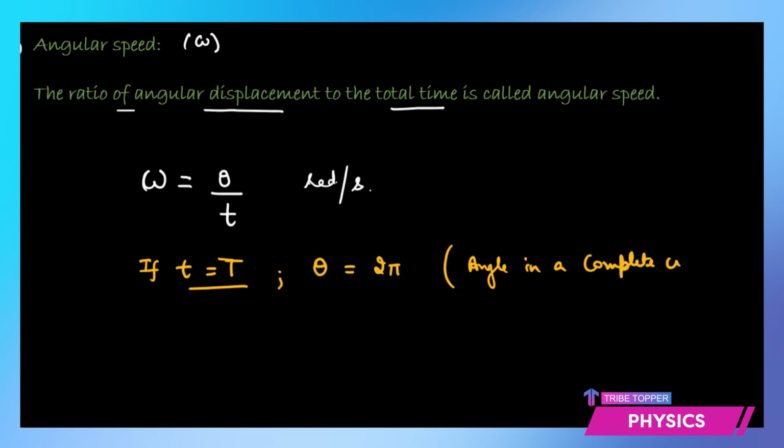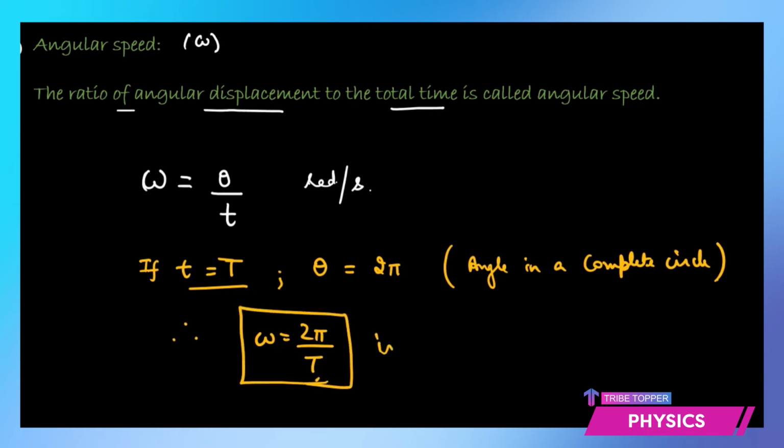So we get theta is equal to 2 pi. Therefore, the expression becomes omega is equal to 2 pi by T. This is the standard relation that is often used, a very, very important relation. We got it from omega is theta by t, but when t is capital T, then theta is 2 pi. So omega is equal to 2 pi by T.